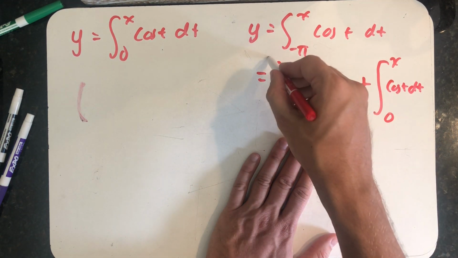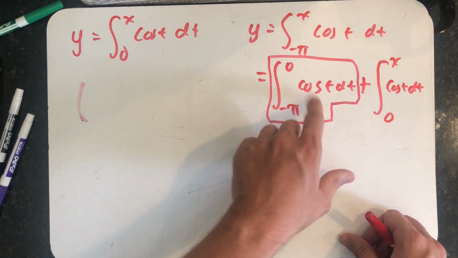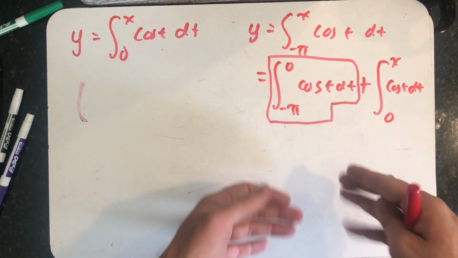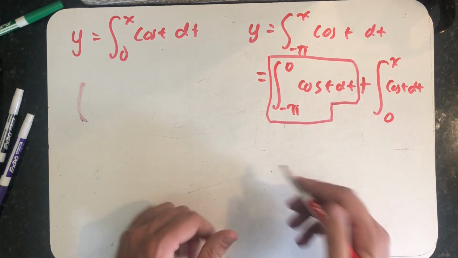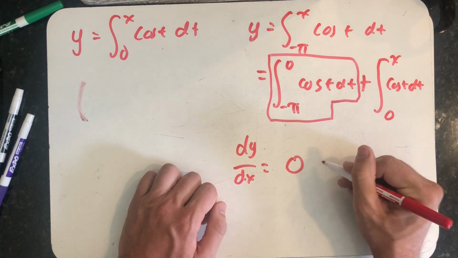And then I look at this part. This is a definite integral from minus pi to 0 of some function. This is an area. But more importantly than that, what I've kind of put in this box is a constant. And the derivative of a constant is always 0.